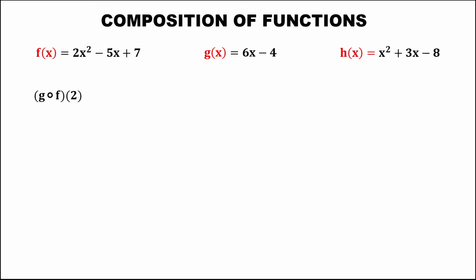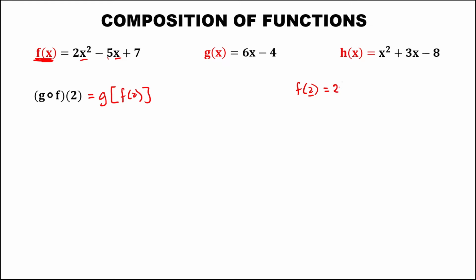Then for this composition, this is equal to g of f of 2. So first, we need to solve for f of 2. From f of x, x is equal to 2.